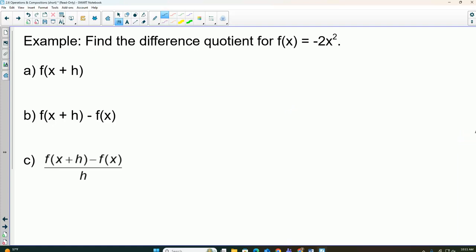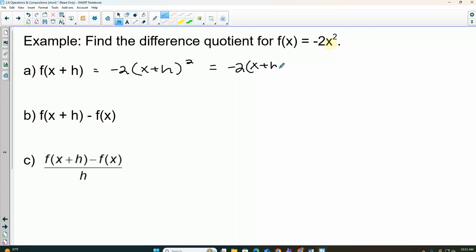All right. If my function is negative 2x squared, so first f of x plus h, that says you go to this function, you replace the x with x plus h. What does it mean to have x plus h squared?